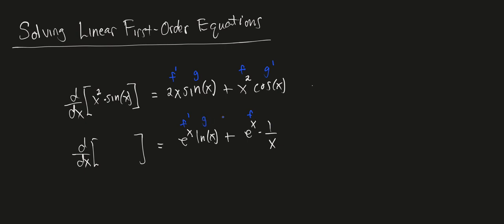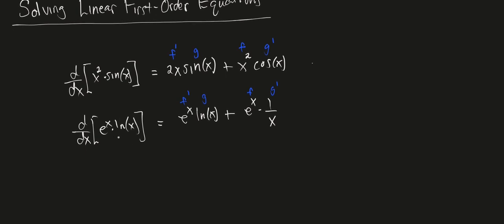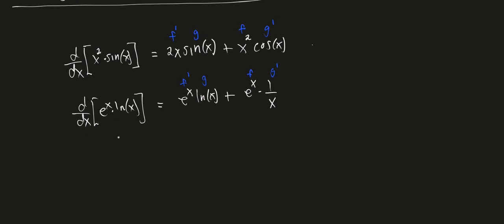So this could be my g, and this could be my g prime. And therefore the product is e to the x times the natural log of x. So the function whose derivative I have here is e to the x times the natural log of x. And it's actually a really good exercise to see if you can work backwards. Really helpful.